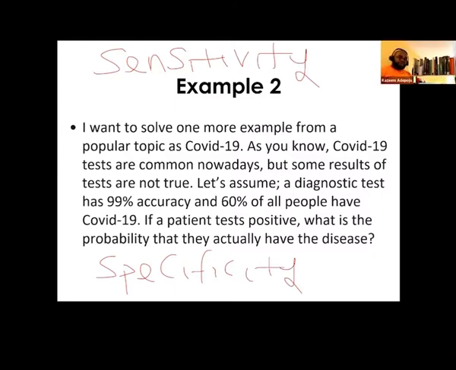Now, what is sensitivity? Sensitivity is the ability of a test to correctly identify those who have the disease. Which means with the machine, those who have the disease need to test positive.